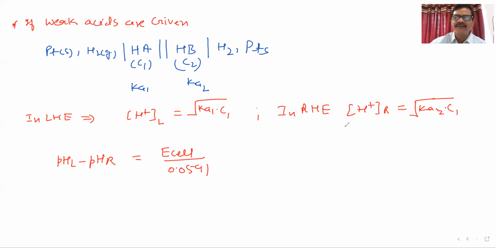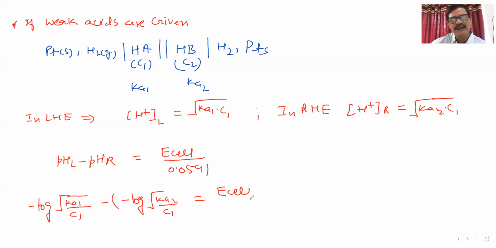So pH of L will be negative log of root K1 upon C1, minus negative log of root K2 by C2, equal to E cell upon 0.0591.